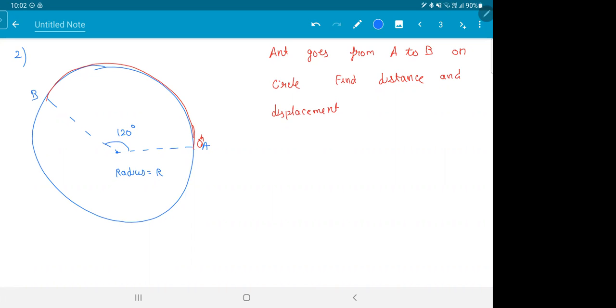Get the displacement. Just give it a try.